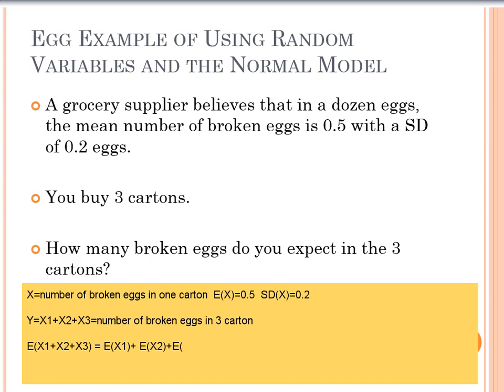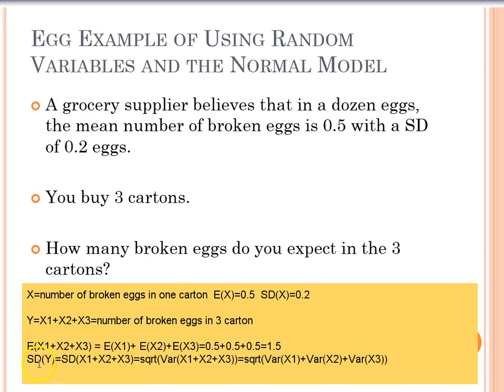Again, they all follow the same distribution, so the expectation of 1 carton is just 0.5, and so this is just going to be 0.5 3 times, so our final answer is 1.5 eggs.